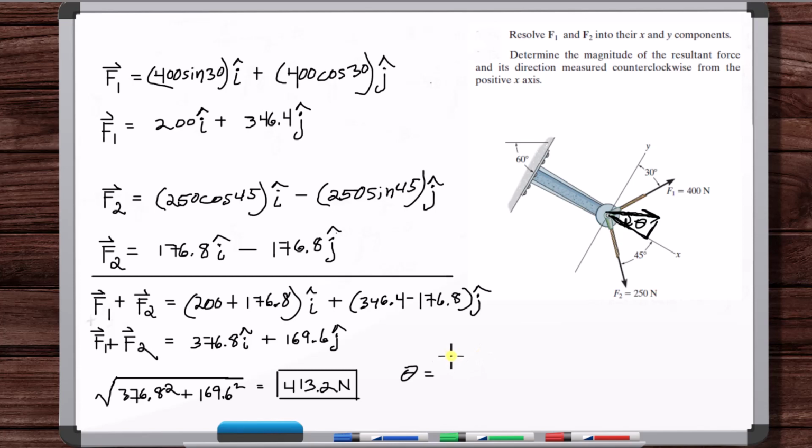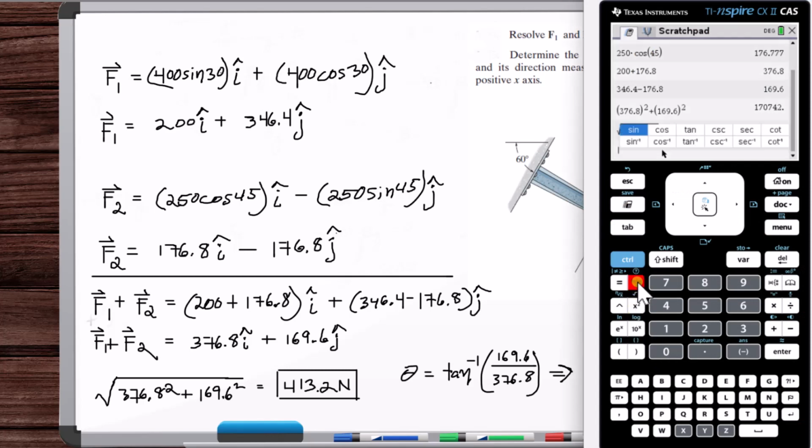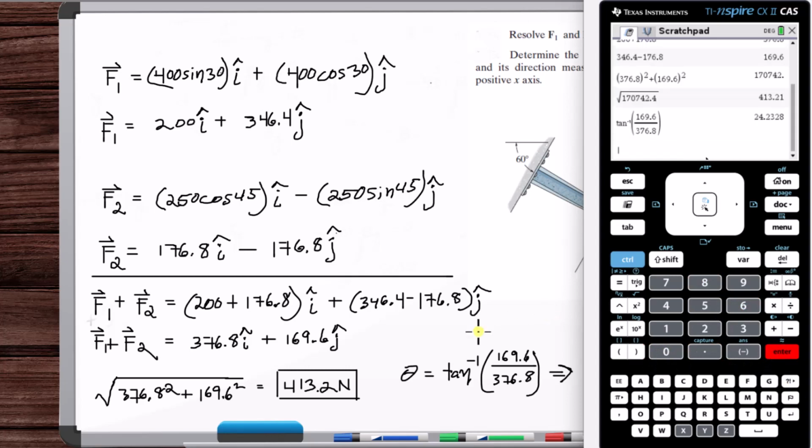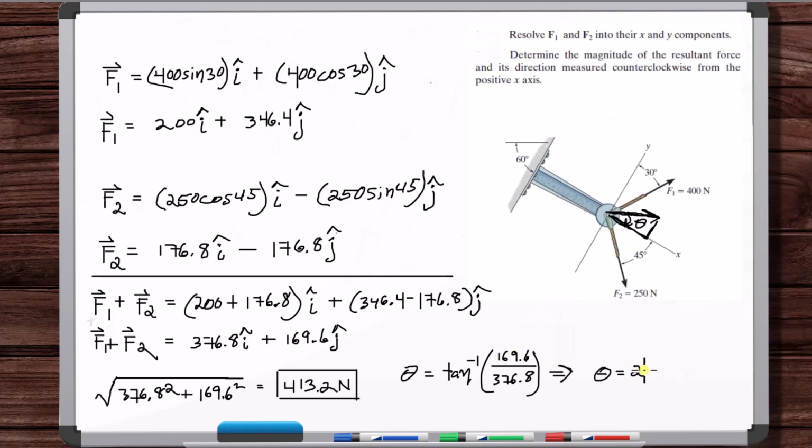So theta is equal to inverse tangent of 169.6 divided by 376.8, 24.2 degrees, measured counterclockwise from the positive x-axis. That's it.